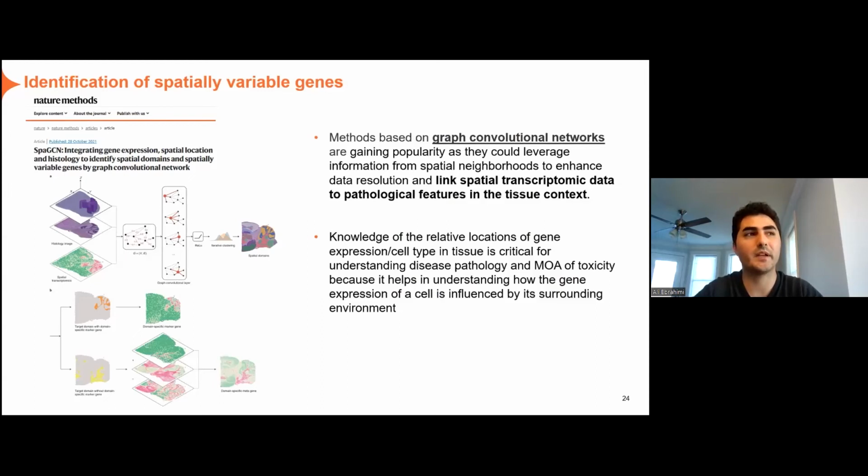I think those sort of integrated models that link pathology to gene expression, and also cell morphology, cell types to gene expression, and classifying based on that are going to be critical in terms of understanding disease pathology and also mode of action of toxicity, as it will help you to understand how a single cell type is interacting with its neighboring environment.